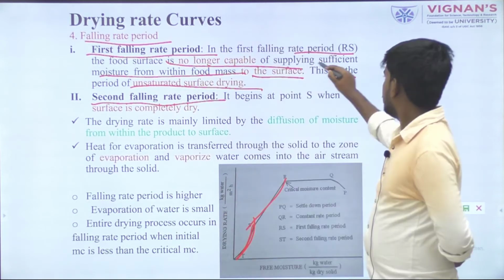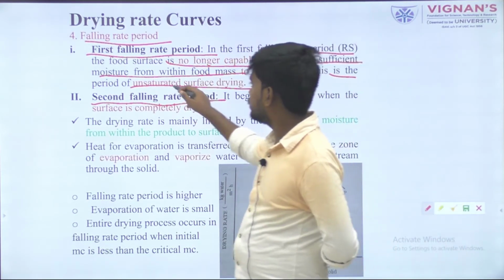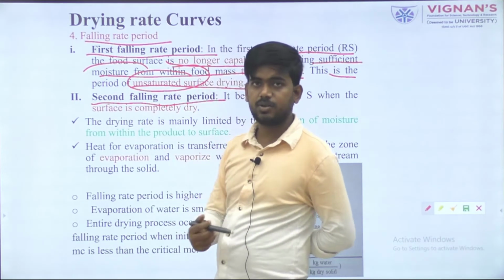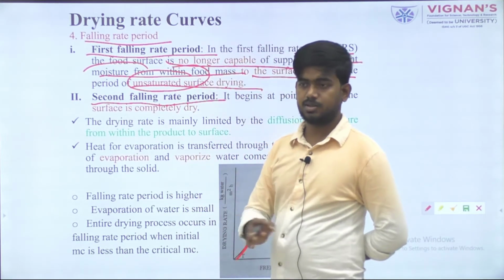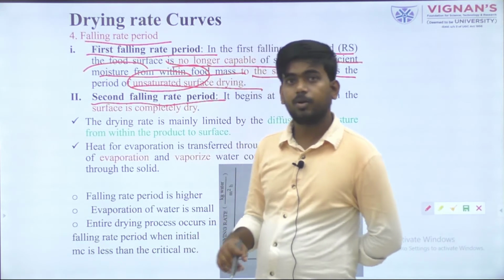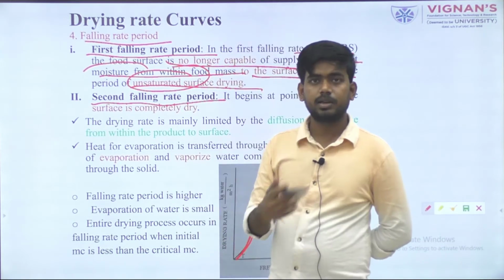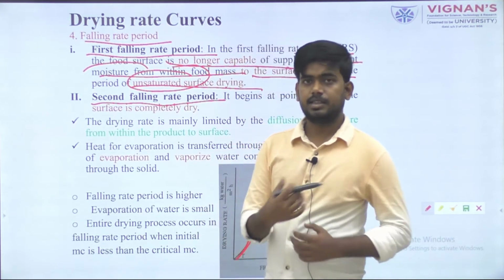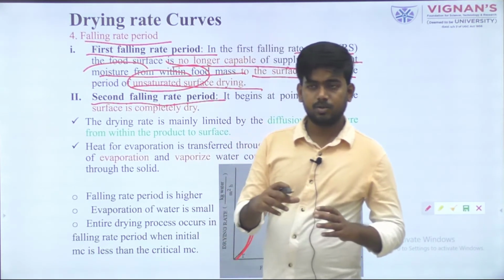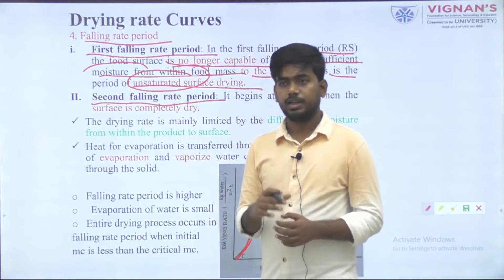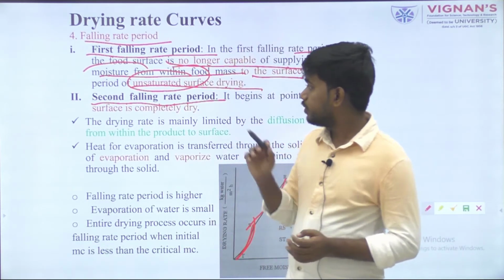Under this unsaturated condition, only the moisture that does come from inside is quickly removed, and the same drying temperature not only increases the vapor pressure of the material but also increases the surface temperature of the food material.